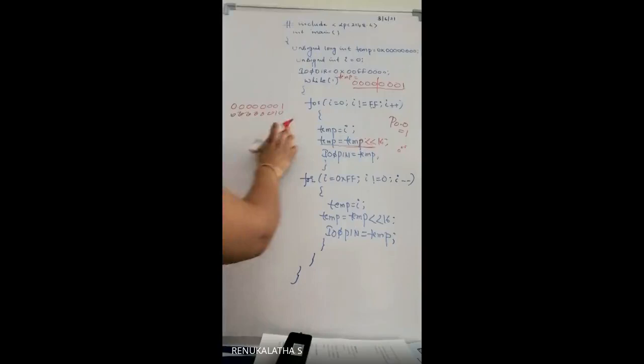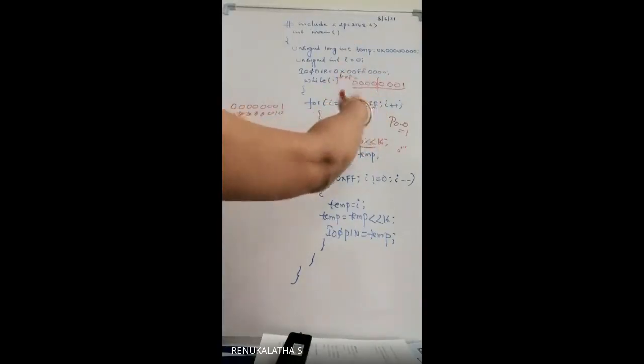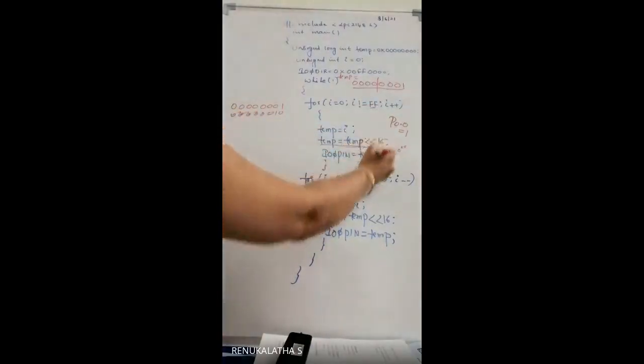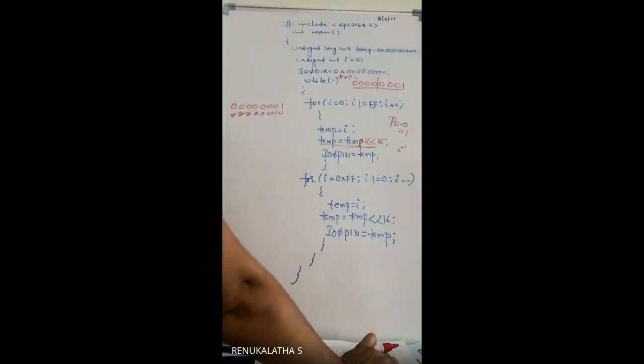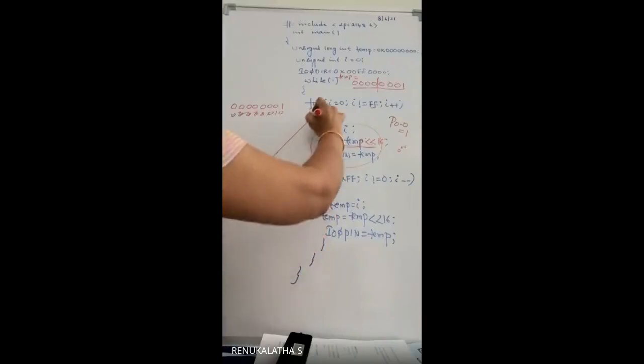Like that, this loop will keep incrementing till it reaches FF. So you have 255 values in between that are assigned to the IO0 pin register, and it keeps sending to the port, and then the port sends the data to the DAC register. As a result of this, you will get this positive ramp.